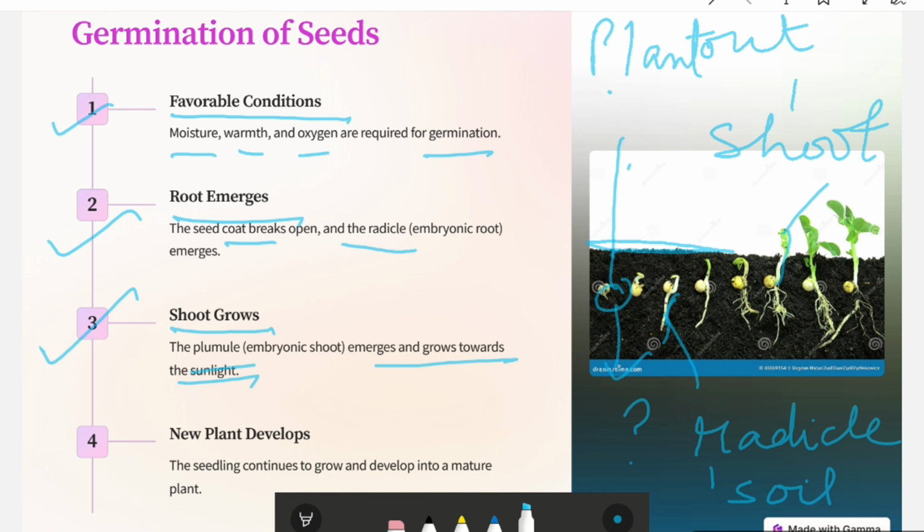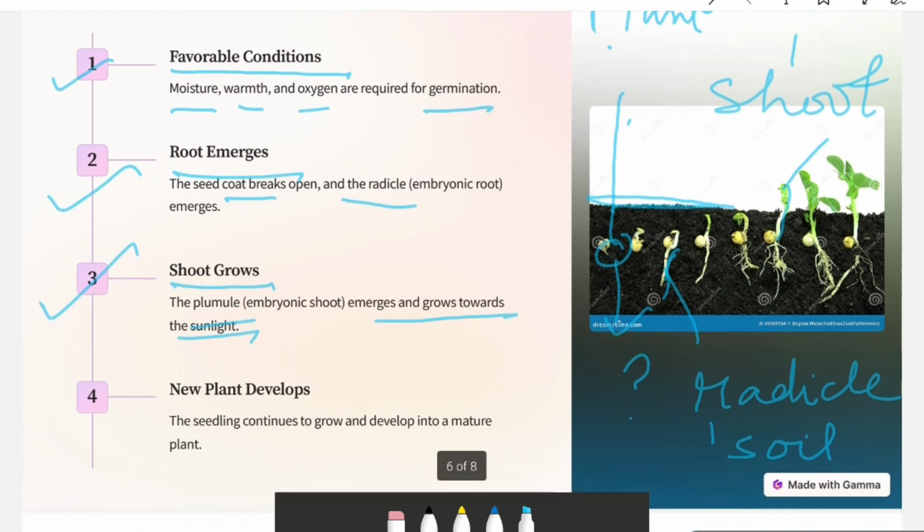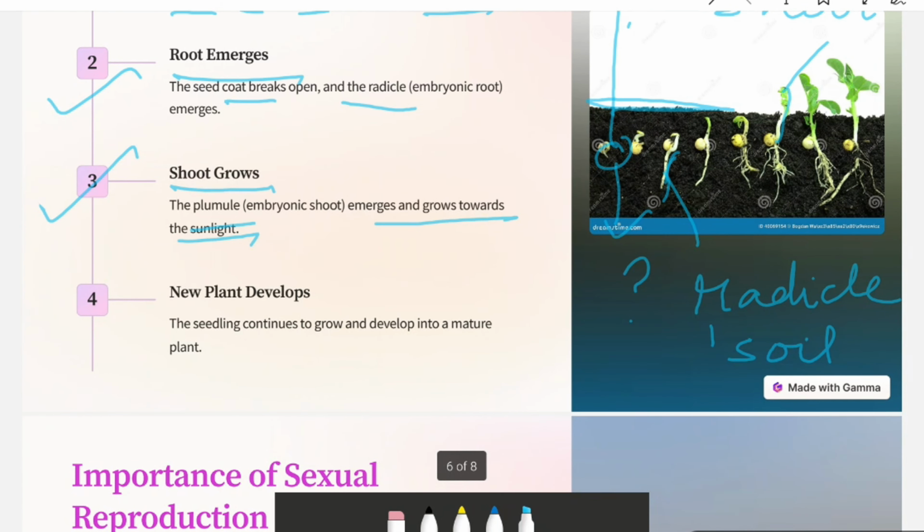I hope this is clear to you. The next one is the new plant developed. As a result, the new plant will develop after this germination.